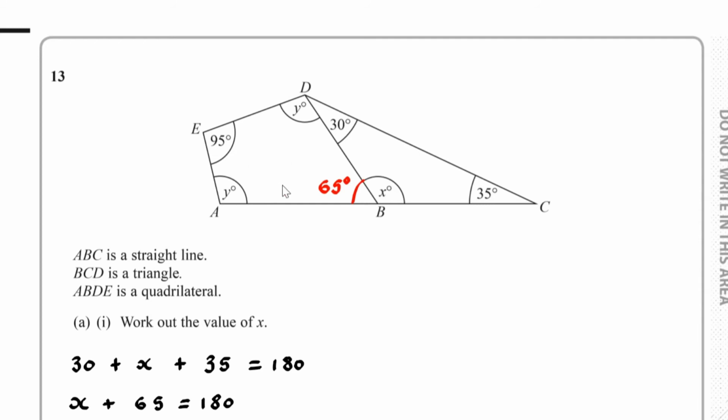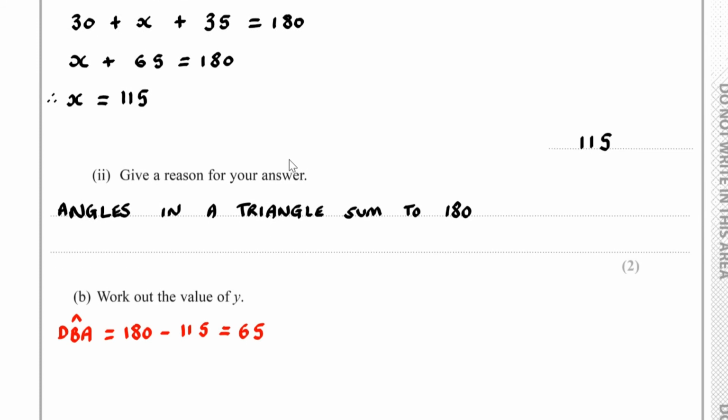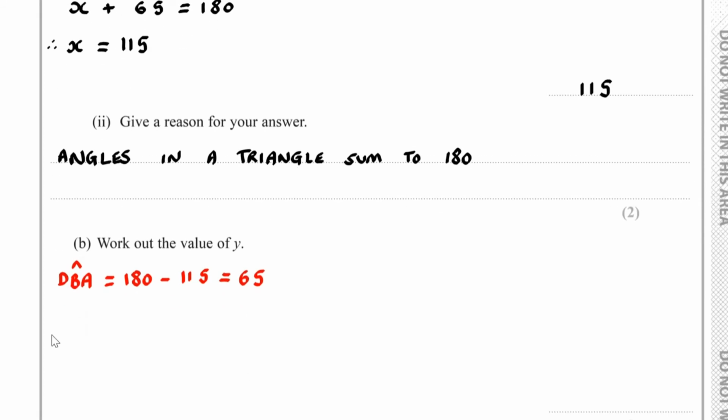And now we've got a quadrilateral, and we know that the angles in a quadrilateral sum to 360. So I've got y plus 95 plus y plus 65 equals 360.